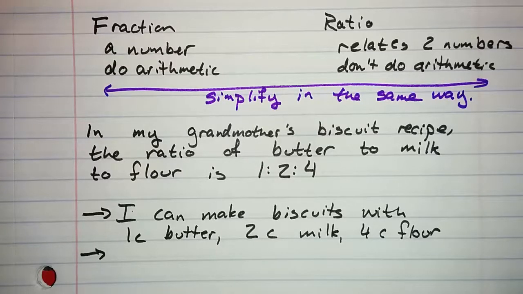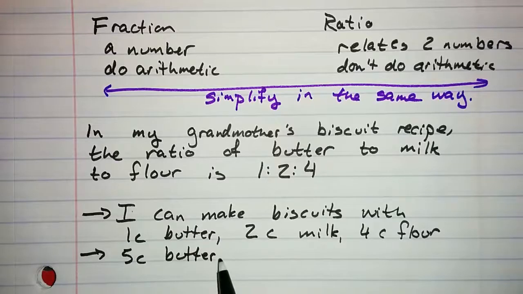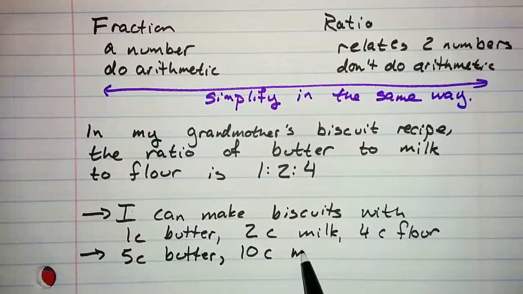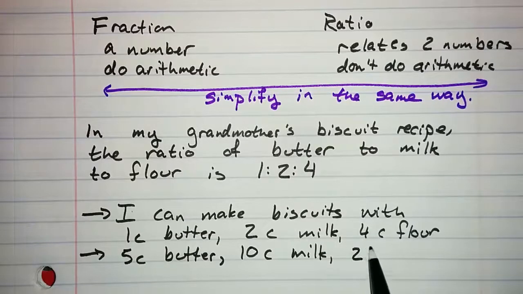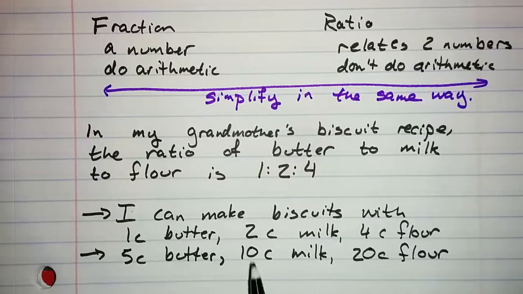Or if I wanted to make a whole lot of biscuits, I could also make them with 5 cups of butter. 1 times 5 is 5. 2 times 5 is 10 cups of milk. And 4 times 5 is 20 cups of flour, as long as the ratios stay the same.